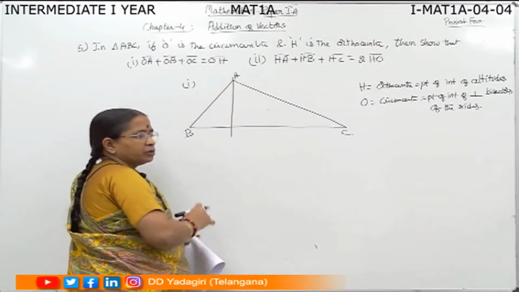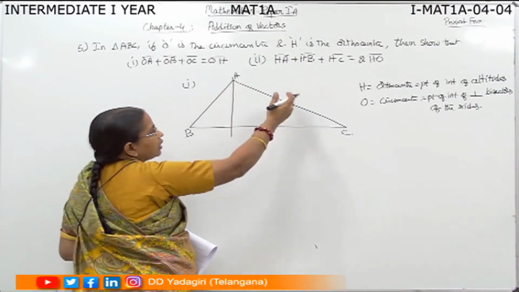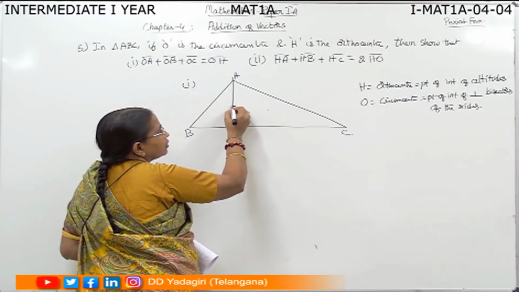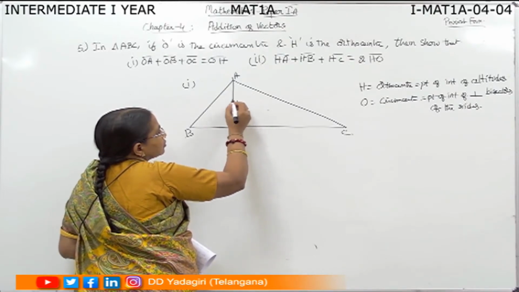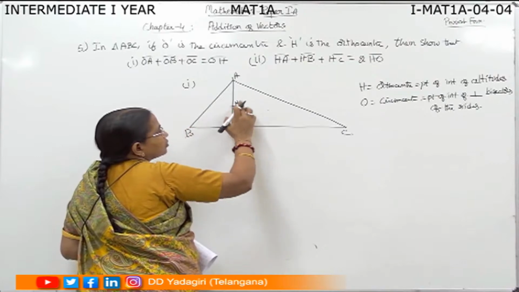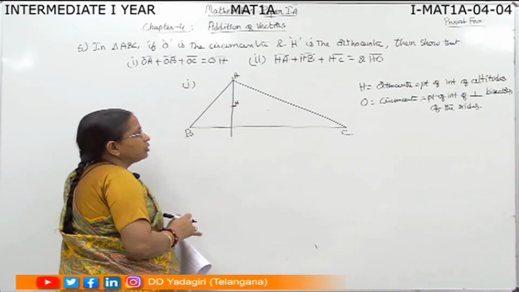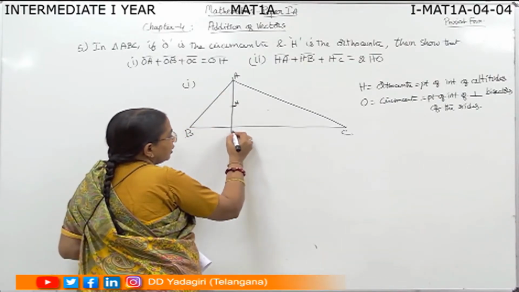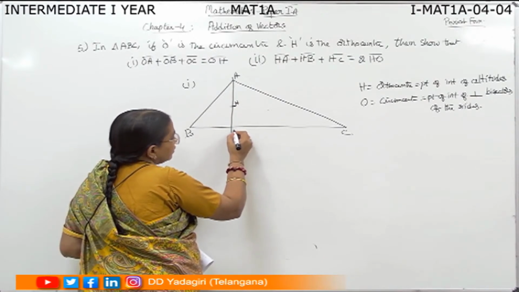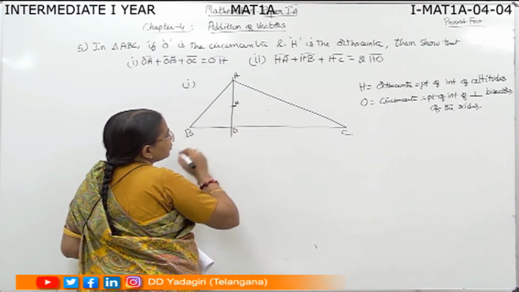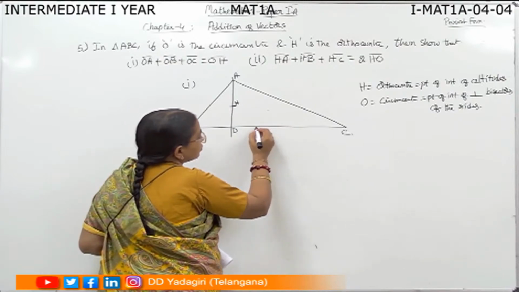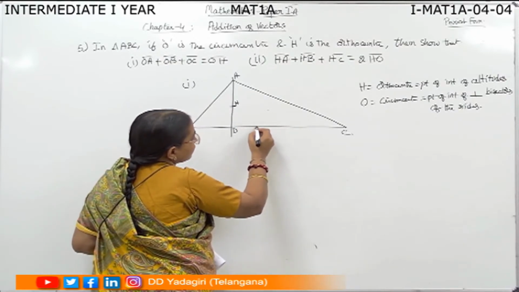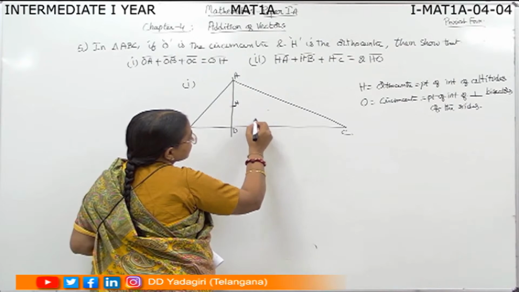This is one altitude, so definitely H will be somewhere on this altitude. When you draw another altitude, they intersect here. So we'll take H on this altitude. Let AD be the altitude. Next, for O, we'll take one perpendicular bisector, midpoint.